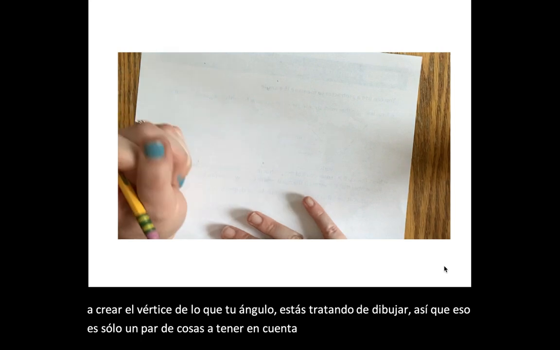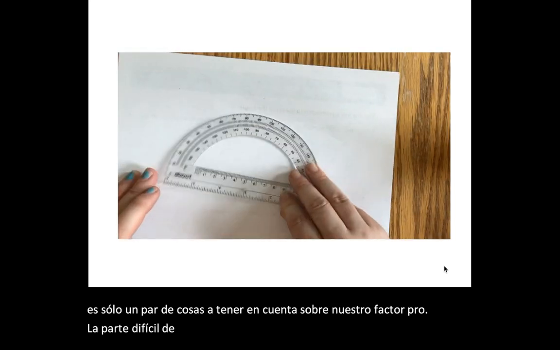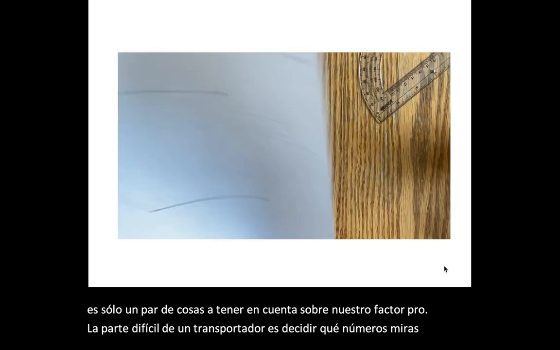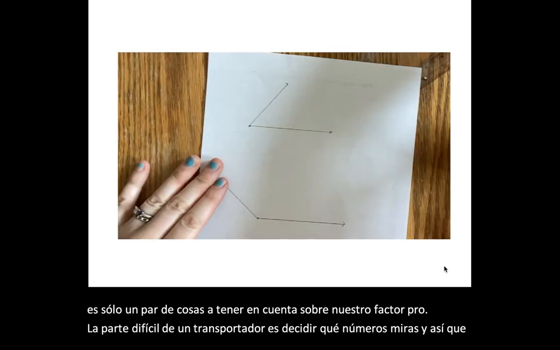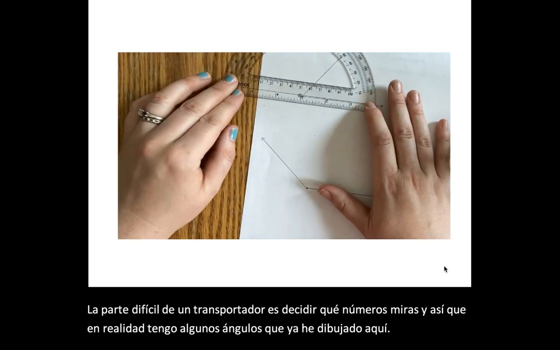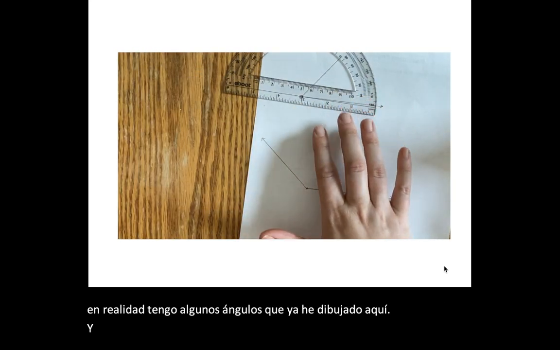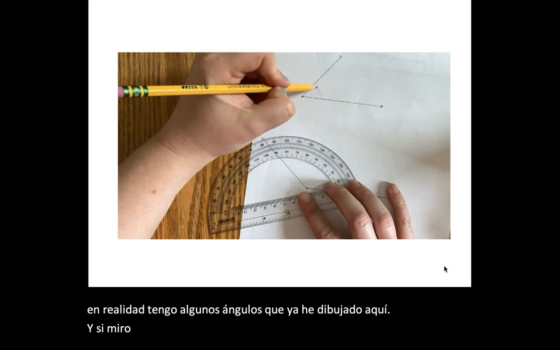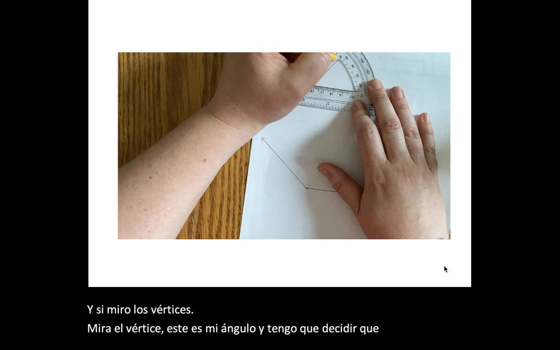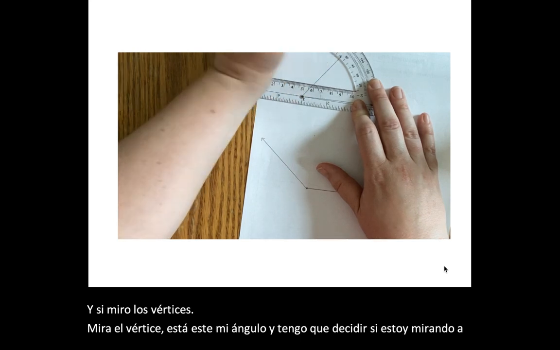The trickiest part about a protractor is deciding which numbers you look at. And so I actually have some angles that I've already drawn here. If I look at the vertex, this is my angle, and I have to decide, am I looking at these two numbers or these two numbers?